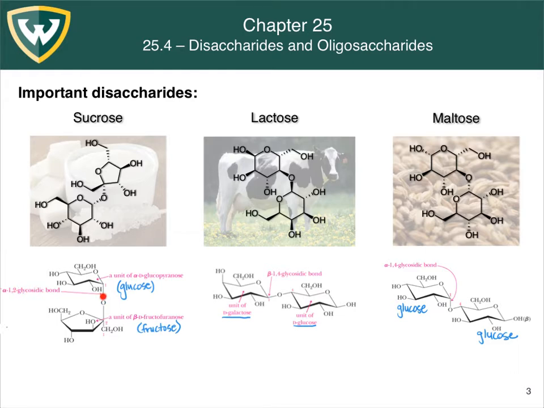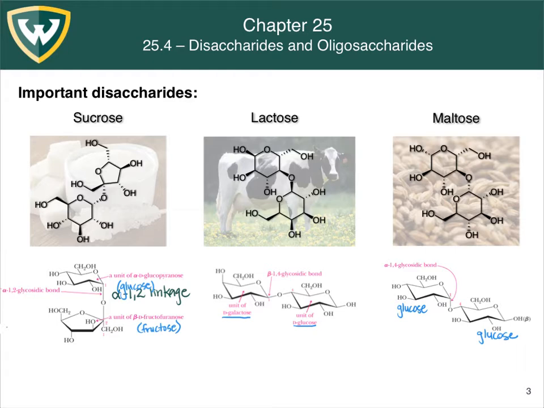And then the fact that this stereochemistry here is alpha, opposite to this CH2OH group here, tells us this is an alpha 1,2 glycosidic bond. It's kind of a mouthful to keep saying glycosidic bond, so people instead just say it's an alpha 1,2 linkage.